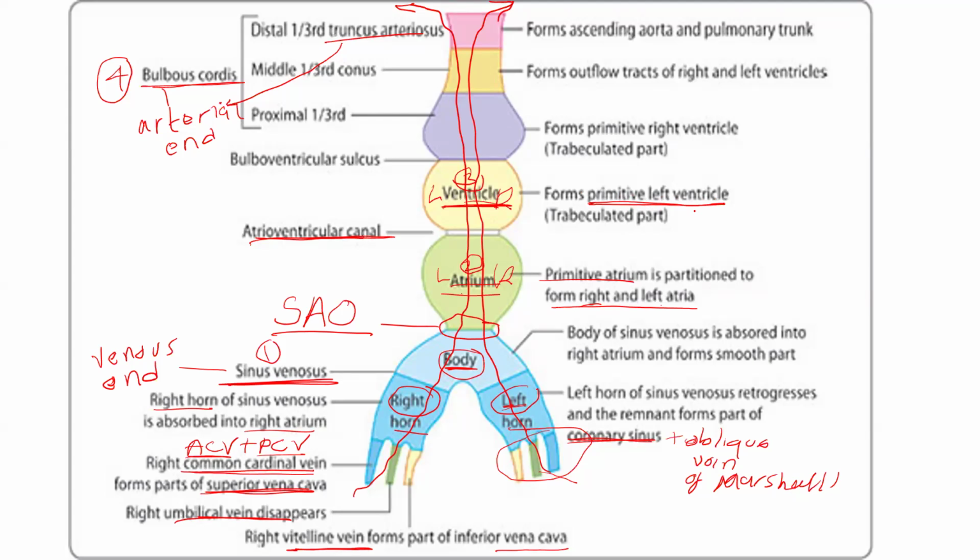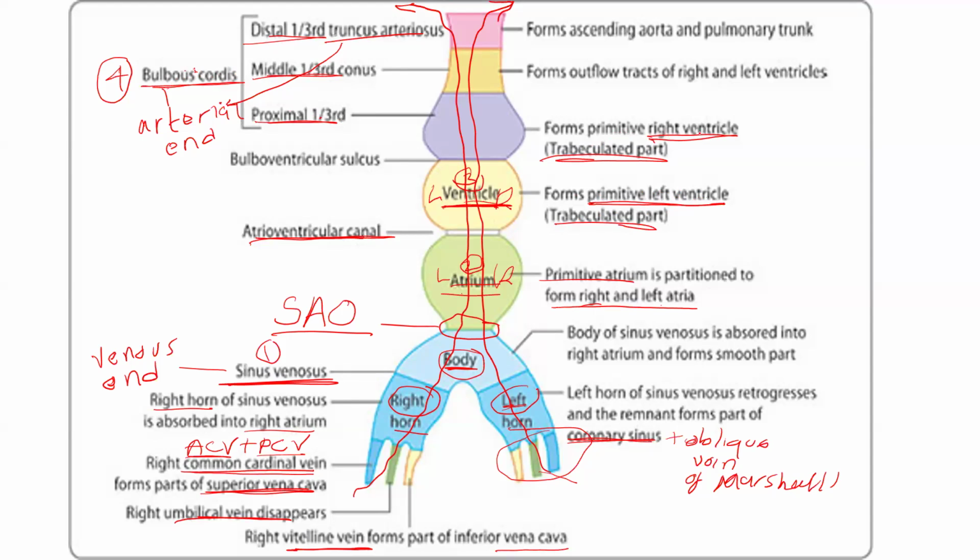So the primitive ventricle gives rise to the trabeculated part of the left ventricle. What about the bulbus cordis? The bulbus cordis has three parts: a distal third, a middle third, and a proximal third. The proximal third of the bulbus cordis is the one which gives rise to the trabeculated part of the right ventricle.